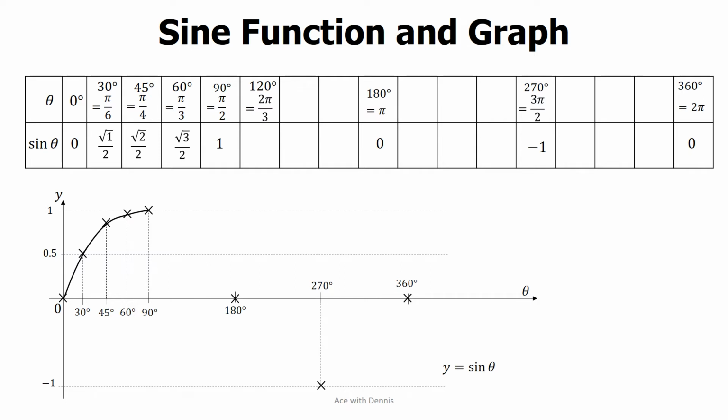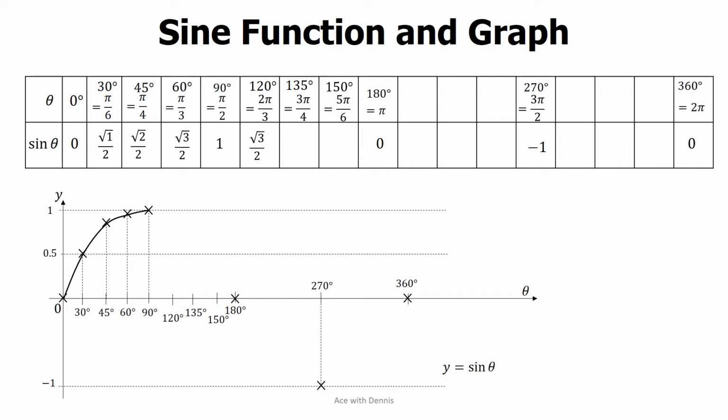Okay, now move on to 120 degrees, which is also equal to 2 pi over 3. So on the graph, this is 120 degrees, 135 degrees, which equals 3 pi over 4, and 150 degrees, which is 5 pi over 6. Okay, and then the graph is symmetric.